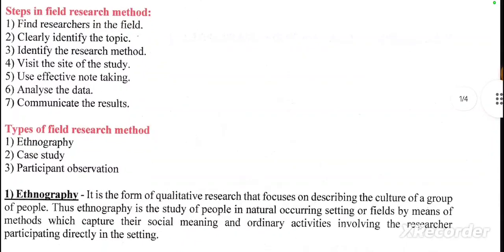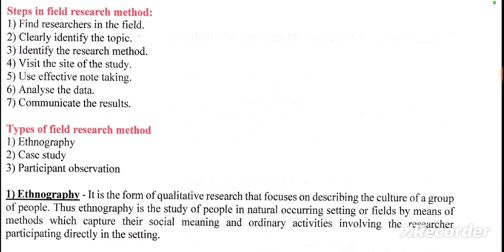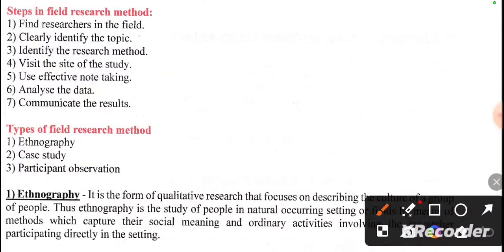So what are the steps in field research method? So these are the steps. Find researcher in the field, so that is very important. Clearly identify the topic on which the field research is intended. Identify the research method that would be useful for the selected field research.